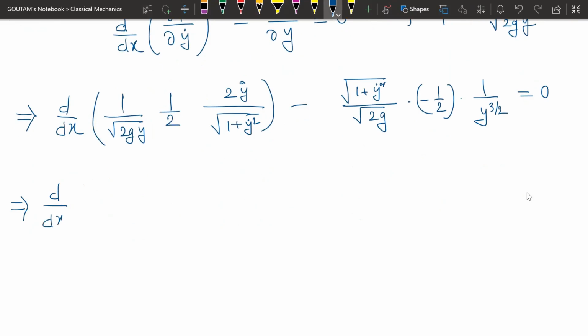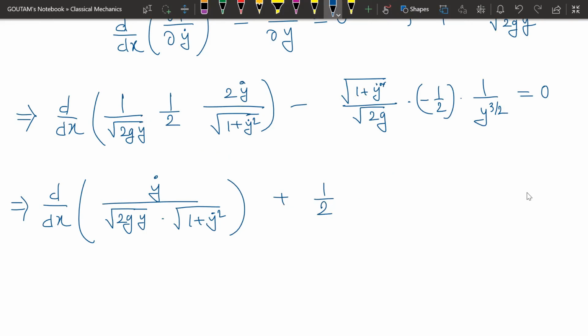So here we will get d/dx of y dot by root under 2gy times root under 1 plus y dot square, minus minus plus half into root under 1 plus y dot square by root under 2g y to the power 3 by 2 equals 0.